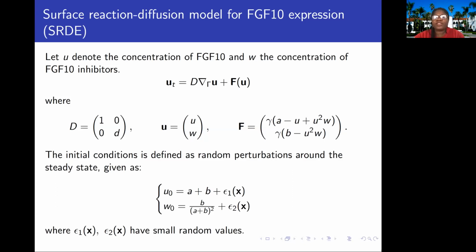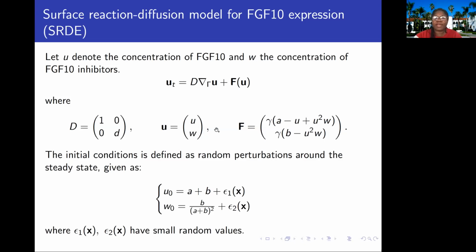Rather than increasing the complexity of the model, we group all of these as inhibitors as an initial model, to ask how these inhibitors affect the patterning if we are looking at FGF10 expression and inhibition.